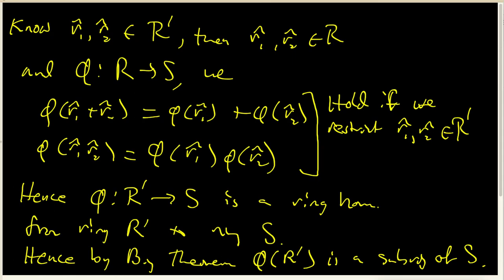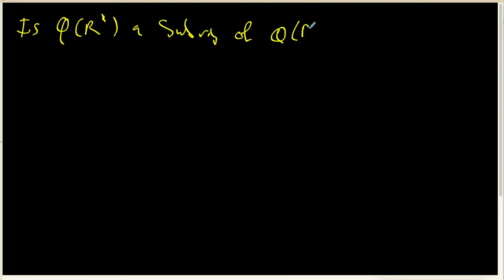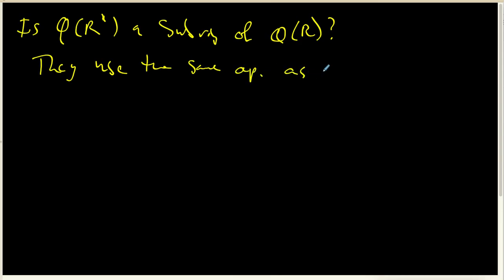And the only thing left to show is that phi of R prime is actually a subring of phi of R. So is phi of R prime a subring of phi of R? Well, let's see, they use the same operations because they use the same operations as S uses.